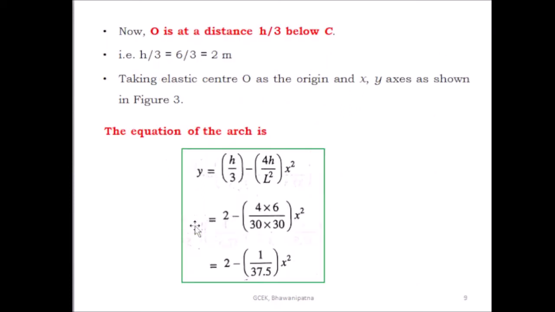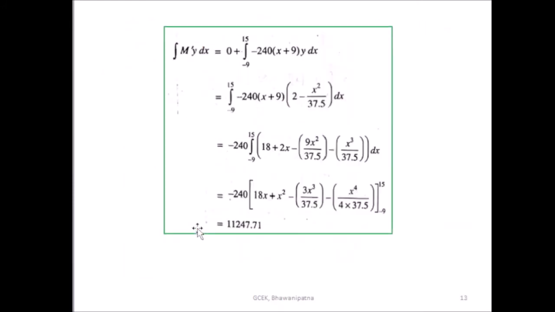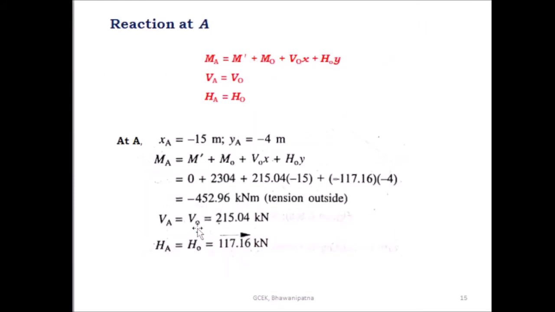After putting the x and y coordinates of support A, you can find out the moment at the support A. MA is equal to M dash plus MO plus VOX plus HOY. The coordinate of A is XA equal to minus 15 meter and YA equal to minus 4 meter.